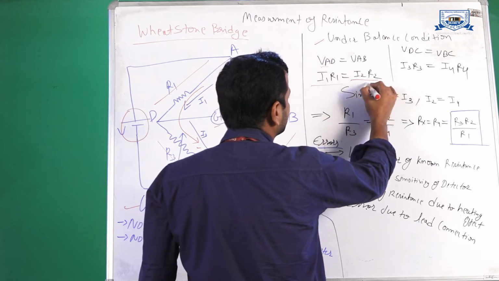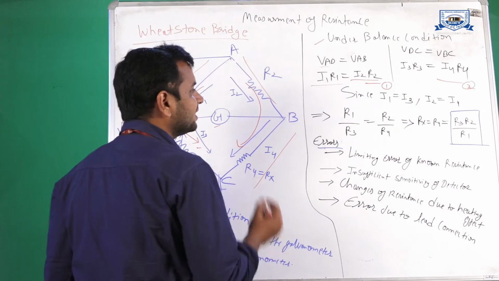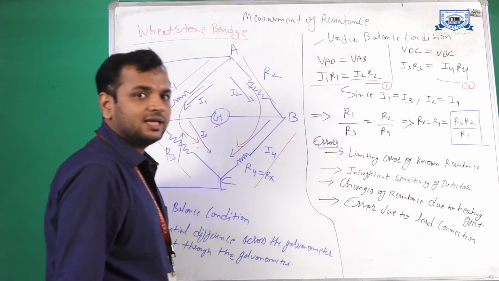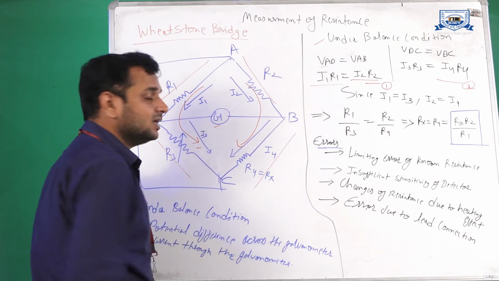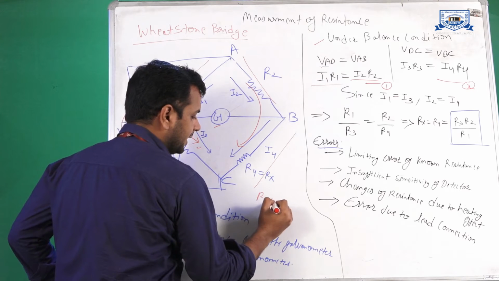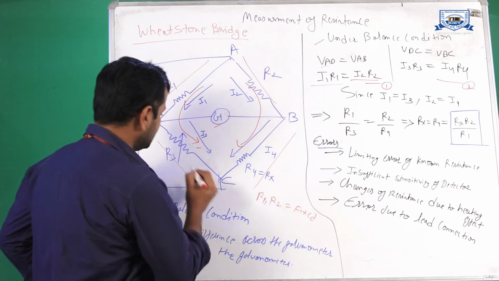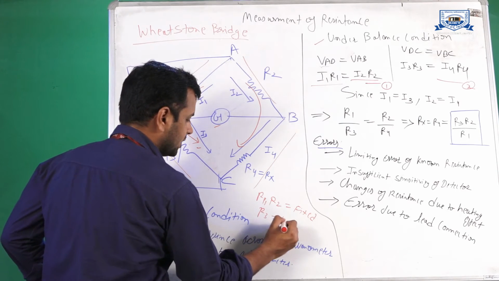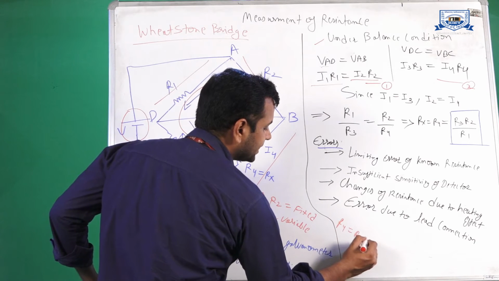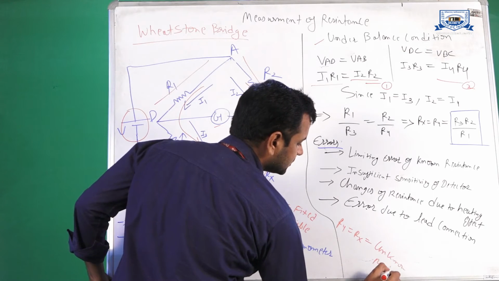From equation 1 and equation 2 you can write the relationship between R1, R2 and R3, R4. We consider the four resistances, out of which R1 and R2 are the fixed resistances, R3 is the variable resistance, and R4, which is Rx, is the unknown resistance.